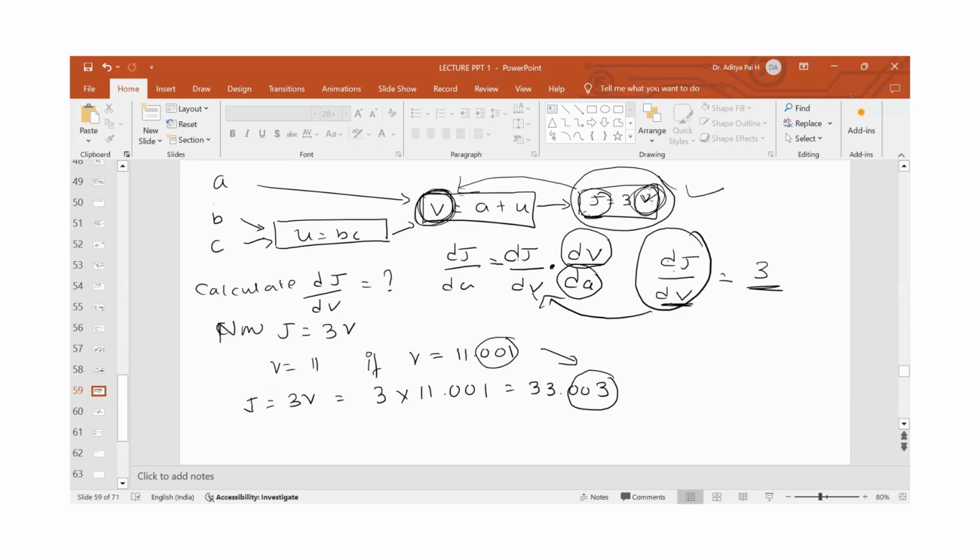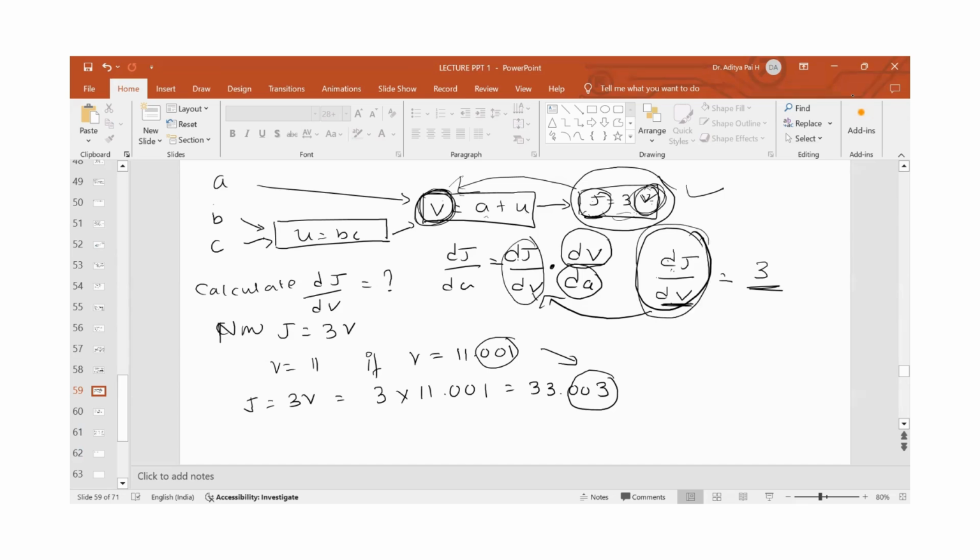So this V value is changed with respect to J. That is why dJ by dV. Here the A value is changed with respect to V, but not directly. This step will come only after this particular step. That is why I'm telling you, first we'll have to yield this value of dJ by dV.